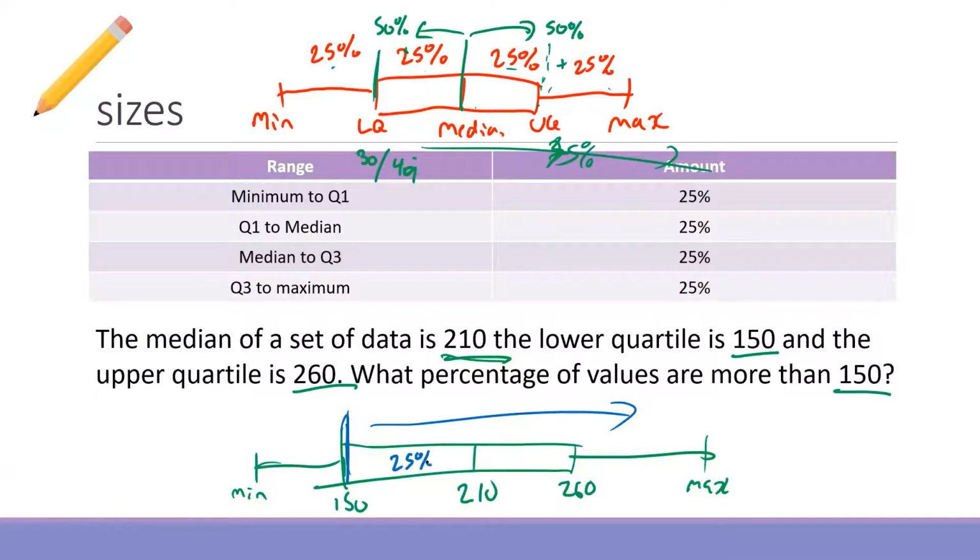There's 25% here, 25% here, and 25% here. So 75% of values are more than 150. So a large amount, about 75% of them. And that's how you can use these ideas of Q1, Q2, and Q3 to your advantage.